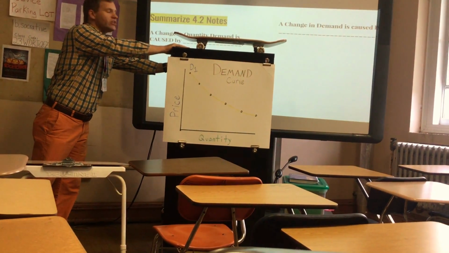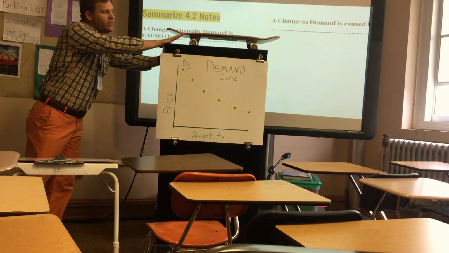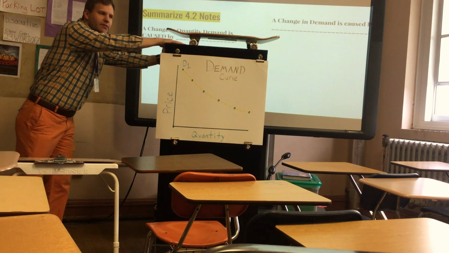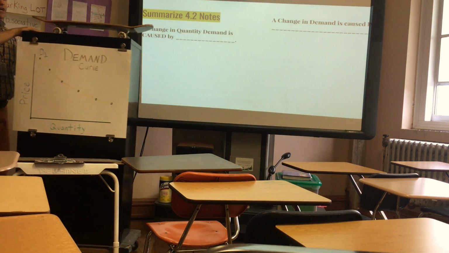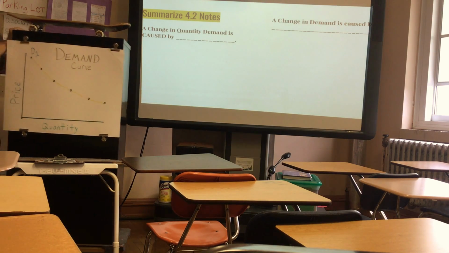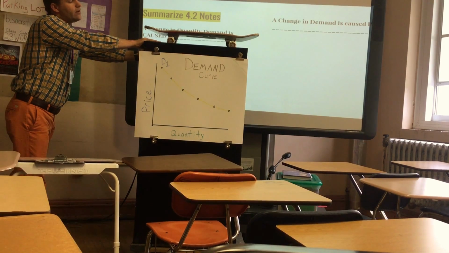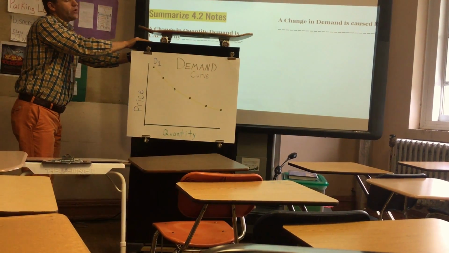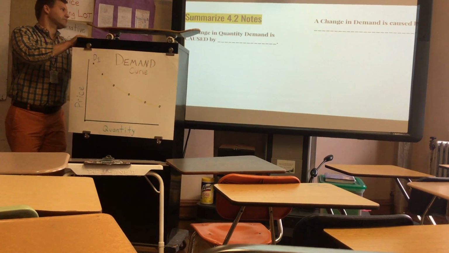If there's less people in the marketplace for Ben & Jerry's ice cream, then the demand curve for ice cream is going to move inward to the left. Right? Thus, moving right, or outward, for an increase, and inward to the left with a decrease in demand.